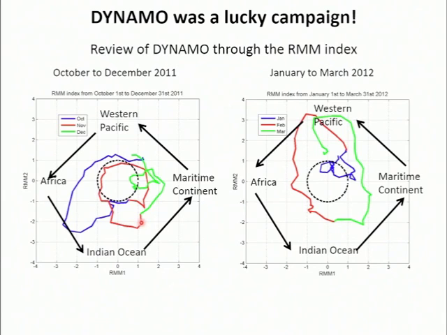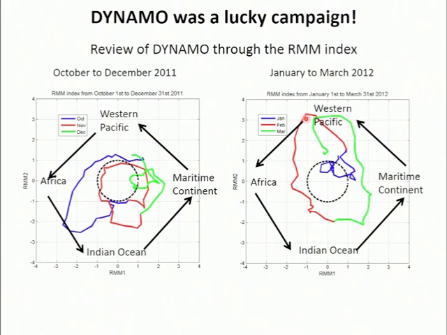And then the MJO continued, traversed the maritime continent, started meandering in the Western Pacific, and the right-hand side shows the evolution from January 1st to March 31st. So it was meandering in the Western Pacific until it started growing again in February, as you can see, with values exceeding 3 standard deviations, getting into Africa and entering the Indian Ocean, traversing the maritime continent, and again going to the Western Pacific.